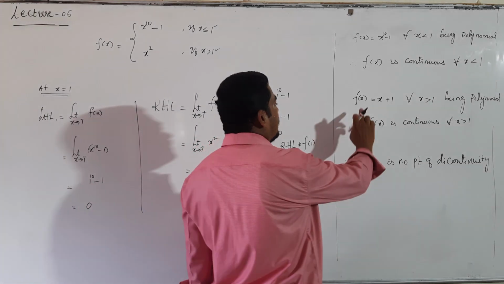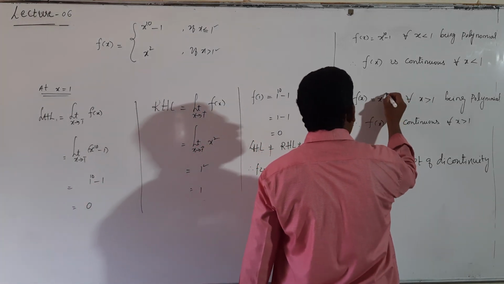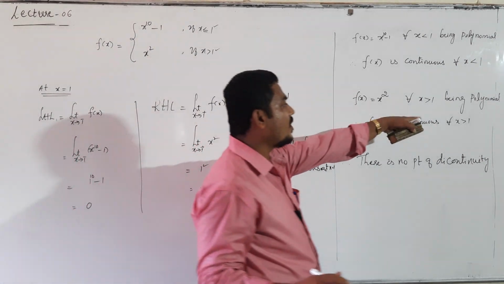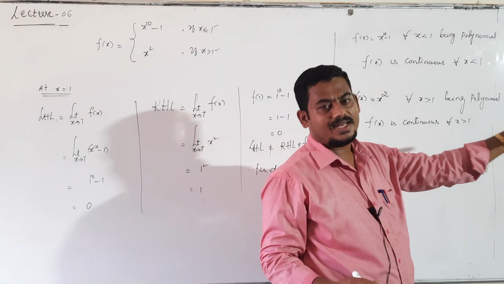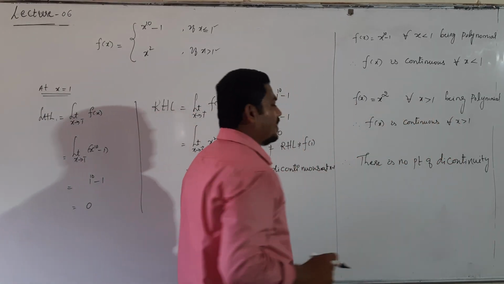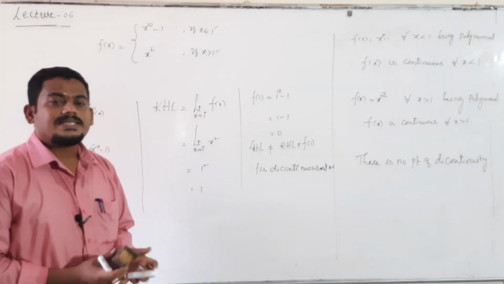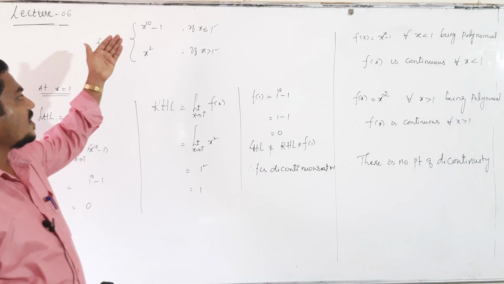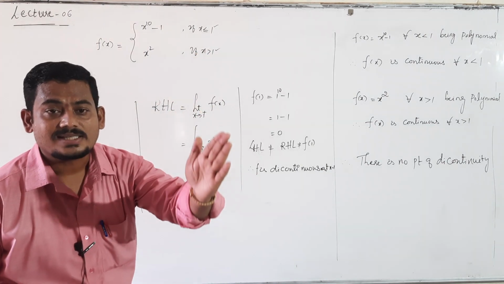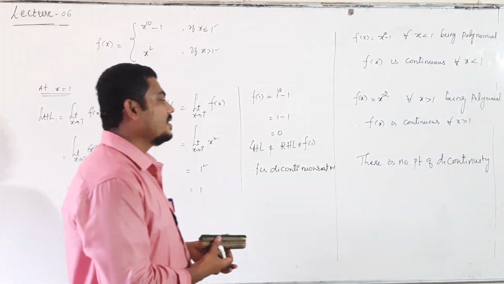After that, f of x equal to x square when x is more than 1 is also a polynomial. It is a quadratic polynomial. Therefore continuous for all x greater than 1. In this case, the function is continuous for all real numbers less than 1 and more than 1, but discontinuous at x equal to 1.